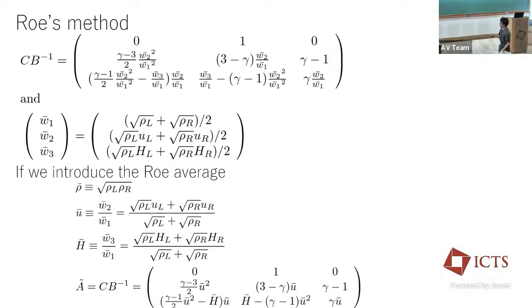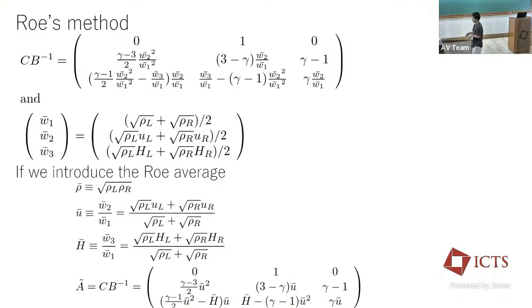This is just the definition. So let's introduce the Roe average. Roe average is denoted by the bar. Rho bar is a combination of rho_L and rho_R, and u bar and H bar are defined by the combination of the L and R states. Then A tilde, or C B^-1, is going to be reduced to this one, right?